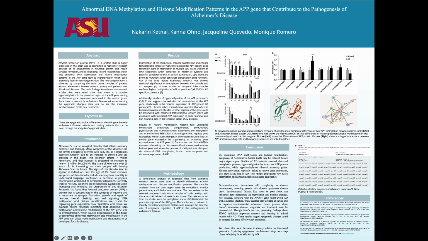Since genetics alone don't determine disease, diagnosis and treatment must be personalized. Though there is no cure, promising findings show that HDAC inhibitors improved memory and learning in animal models with AD. These results suggest epigenetic changes could be targeted for more effective AD treatments.